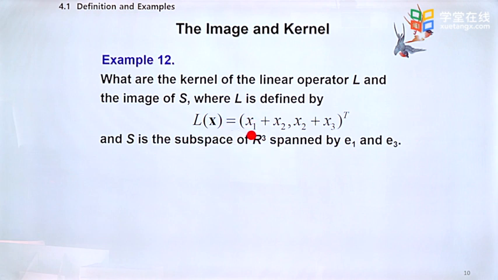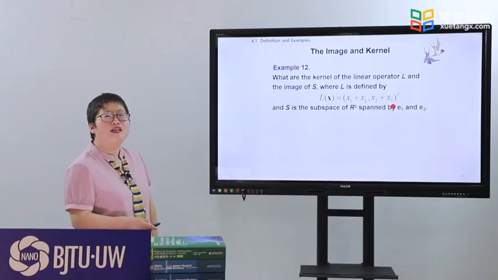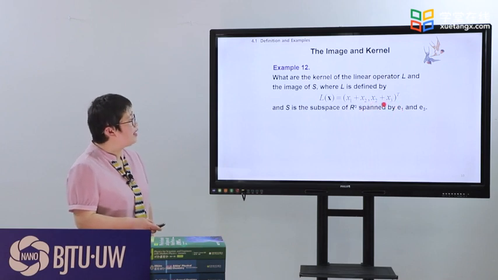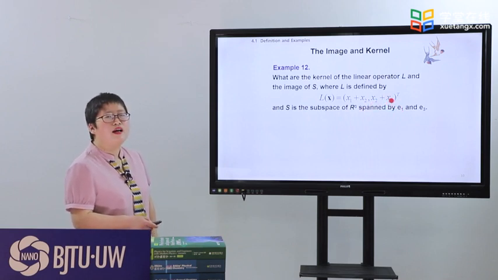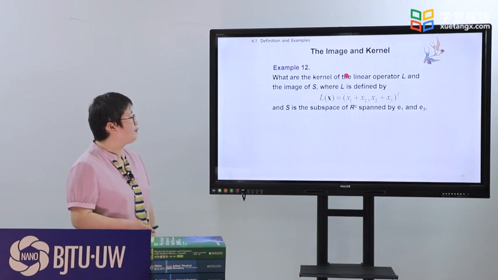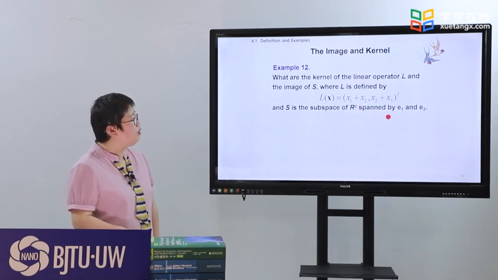The first component of L of X is X1 plus X2, so you take the summation of the first and second components of the original vector X. And the second component comes from the summation of the second and third components of the original vector X. And S is the subspace of R3 spanned by E1 and E3.